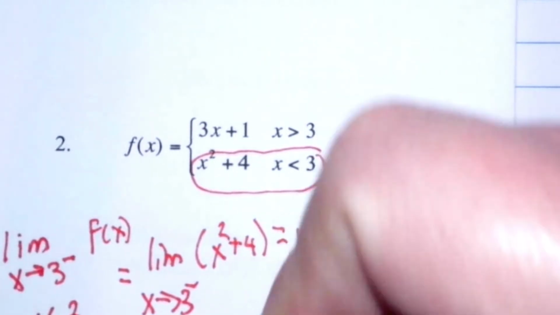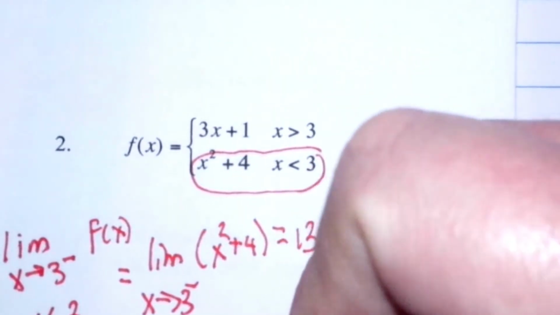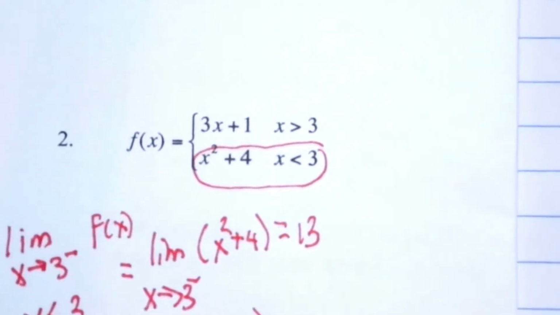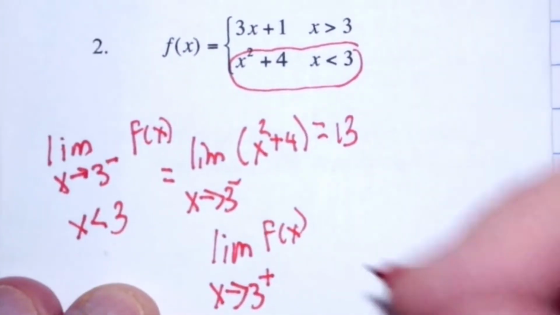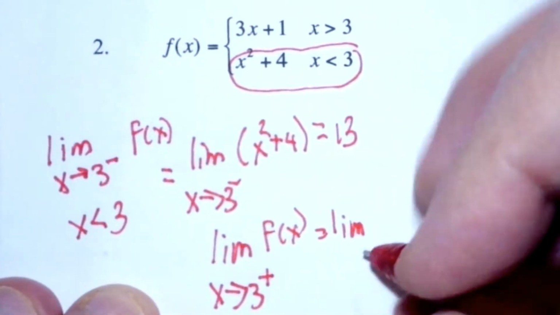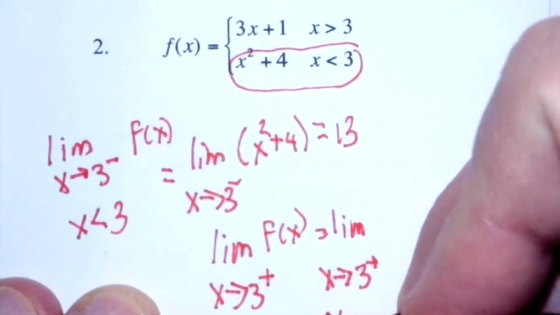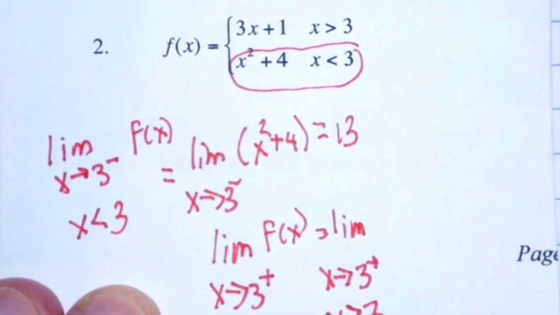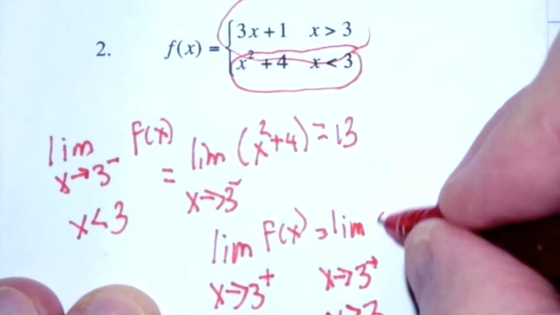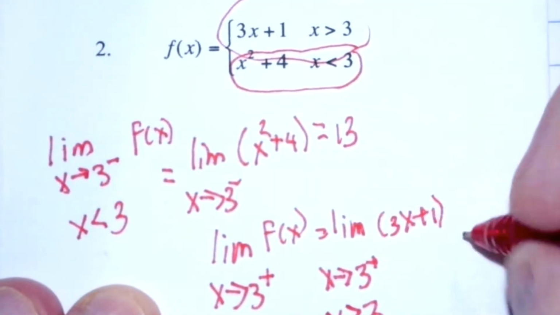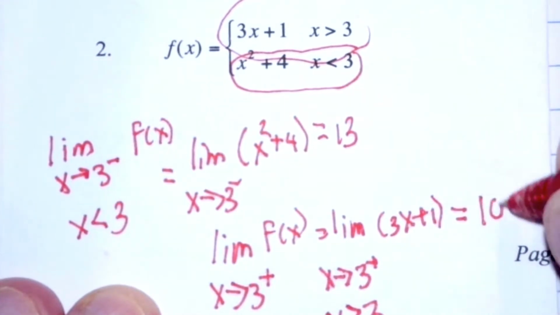And if we're talking about the limit as x approaches 3 from the right, that means we're talking about values of x bigger than 3, and so we're going to be using this definition. And in this case, I think we're getting 10.